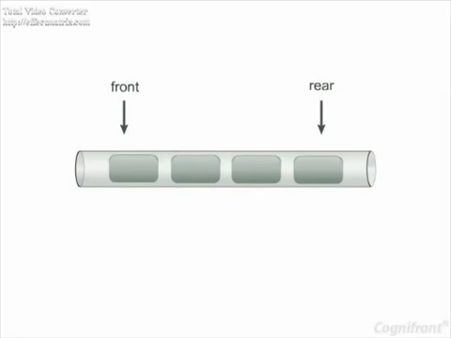The two major operations, which are insertion and deletion of data elements, are carried out using these two ends. Deletion of queue elements is carried out from the front end and insertion is carried out from the rear end.